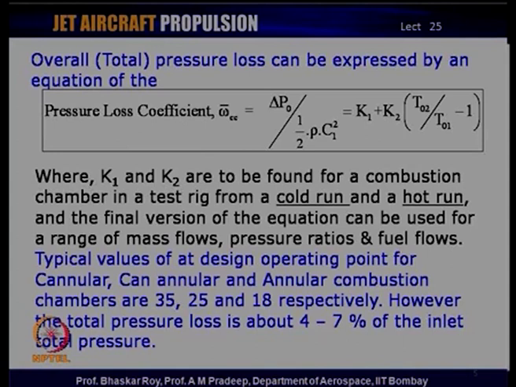Now, if you do that, the first one is often signified by an empirical parameter k1 and the second one by empirical parameter k2. They are found for the combustion chamber through various test rig simulations. The first one is through a cold run and the second one is through a hot run.